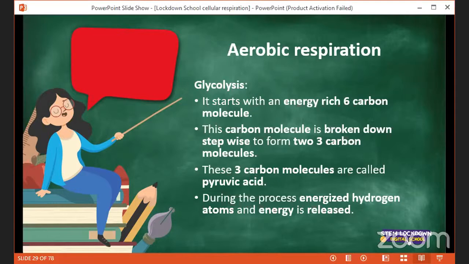Glycolysis starts with the energy-rich 6-carbon glucose broken down stepwise to form 2 3-carbon molecules called pyruvic acid. And during the process, energized hydrogen atoms and energy are released.